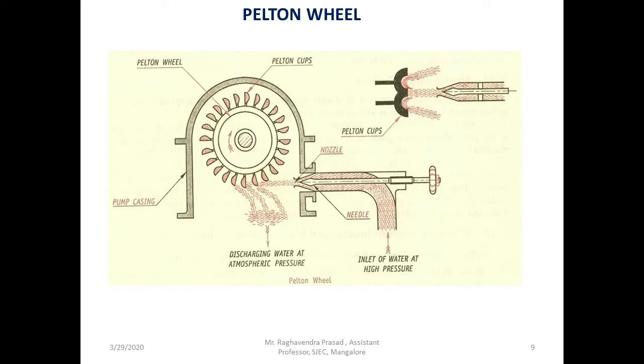It is an impulse turbine, that means the casing is not completely filled with water. Only a jet of water will be in touch with some blades only, or Pelton cups only. Also it is a horizontally positioned turbine. You can see the shaft is horizontal, and it has a very low specific speed.